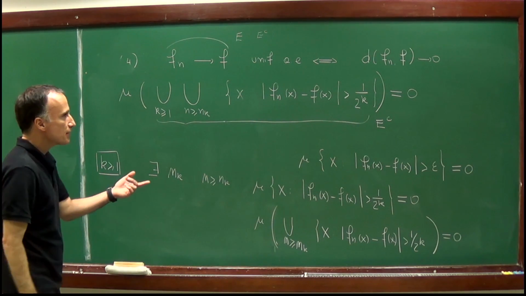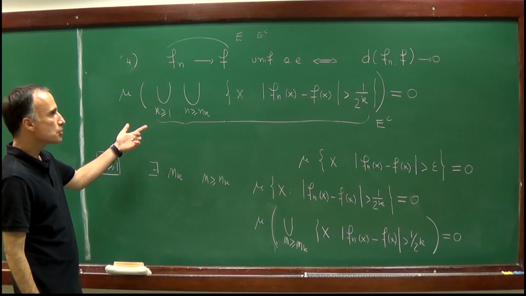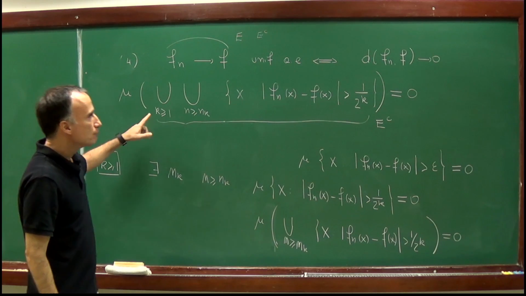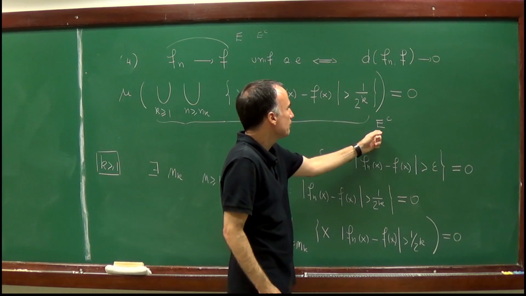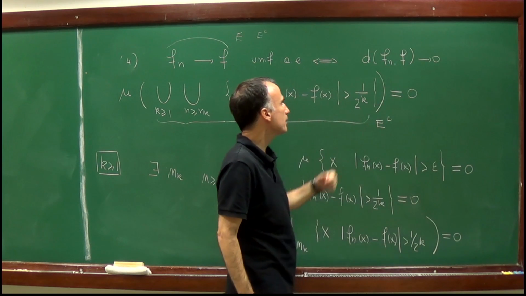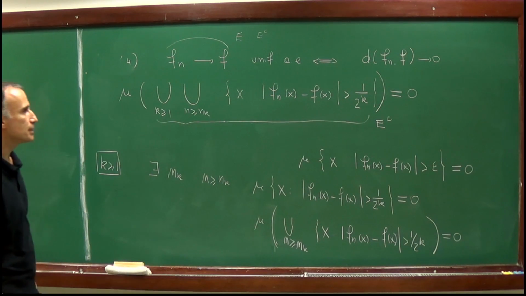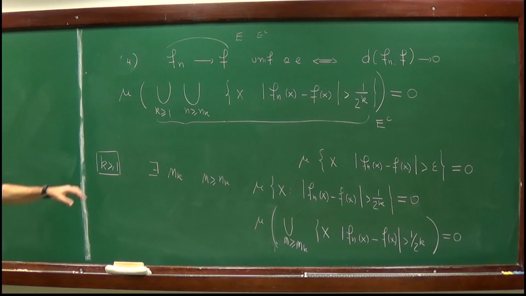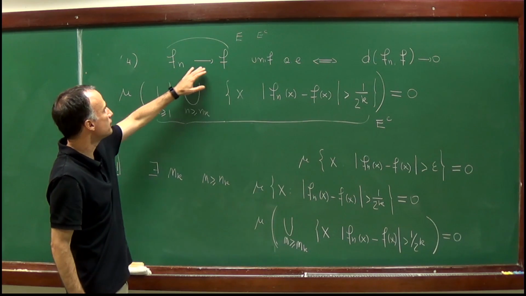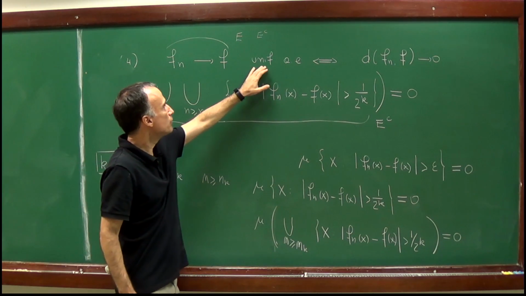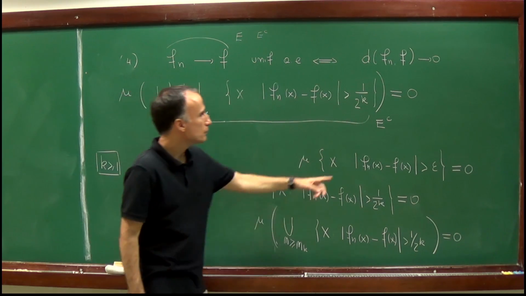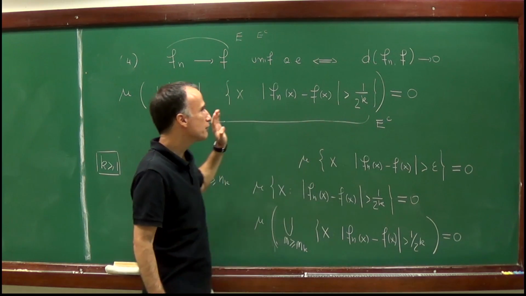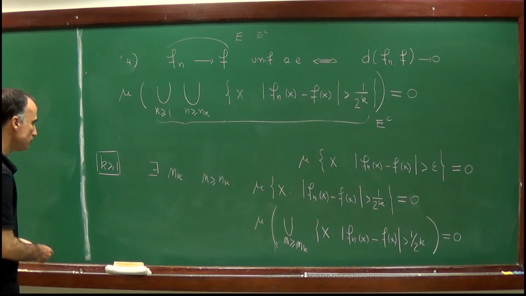So this set is of course in the sigma algebra, and we just proved, well, by definition, this set E complement has measure equal to 0. So to complete the proof that Fn is converging to f uniformly almost everywhere, I have to show that on the complement of this set, I have uniform convergence.